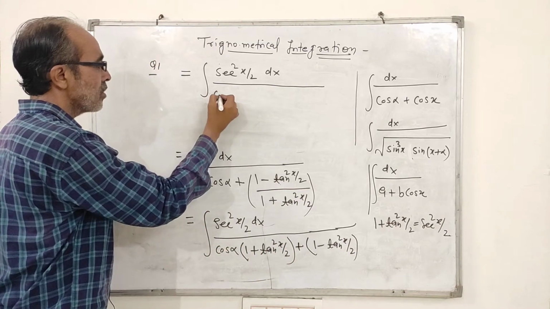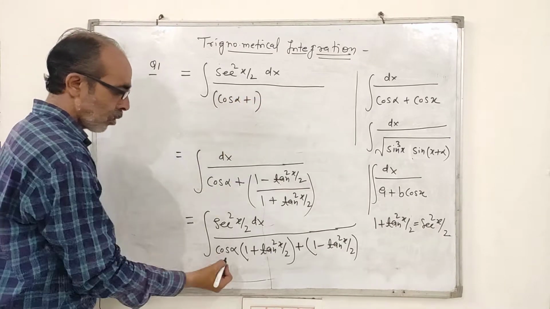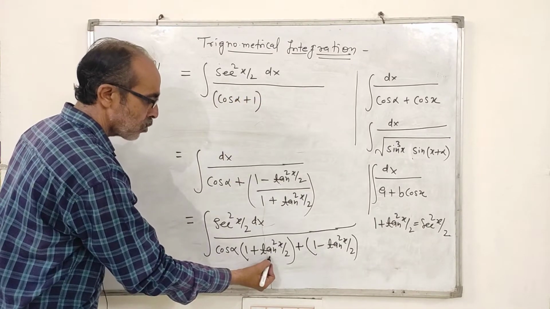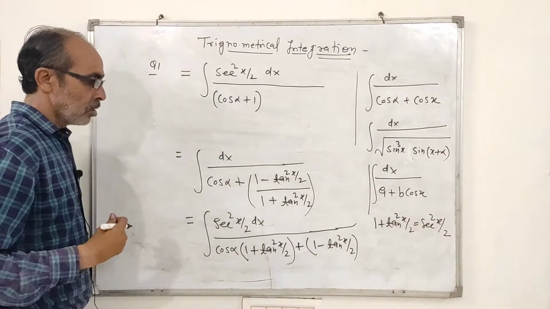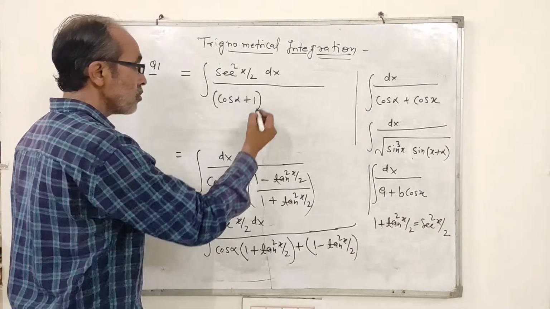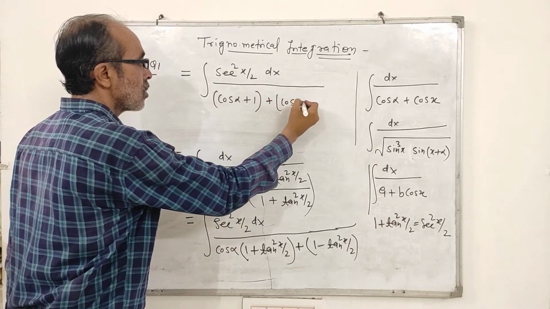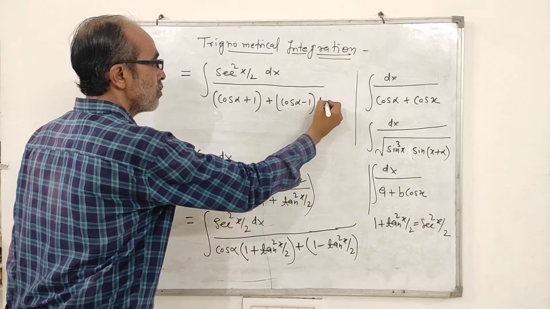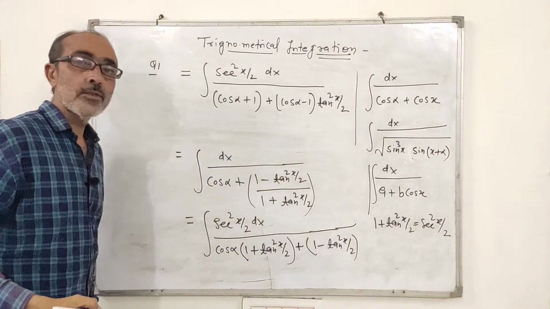So write here cos alpha plus 1 multiplied by tan square x by 2 and negative tan square x by 2, so the value is plus cos alpha minus 1 multiplied by tan square x by 2.